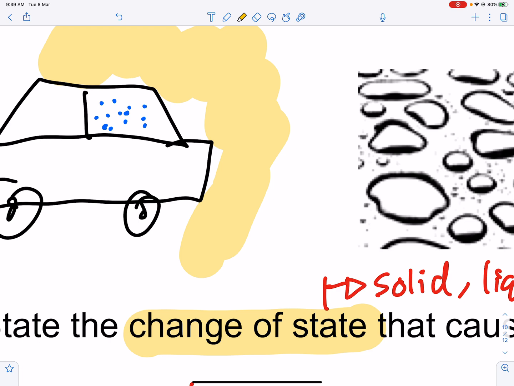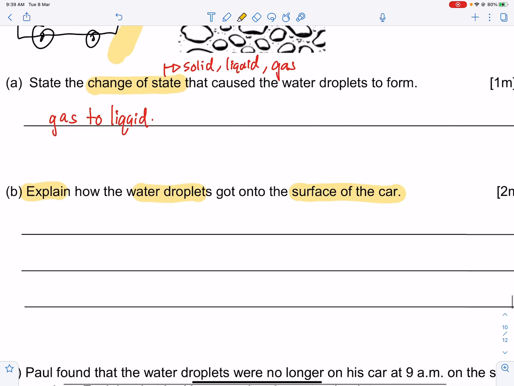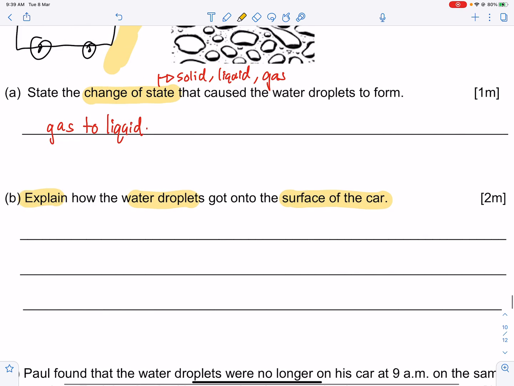Because inside your car would also have air, and if it has air, that means water vapor is also present. But in this case, they say on the surface, so we assume that it's outside. So if the water droplets are from outside, the water vapor has to come from the same side where you found your water droplets. Okay?